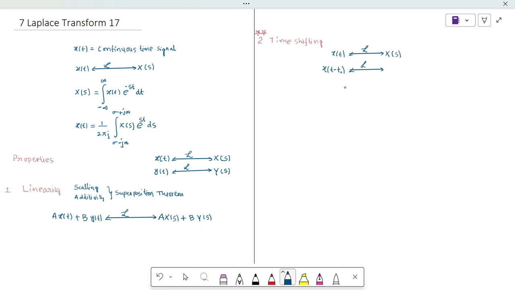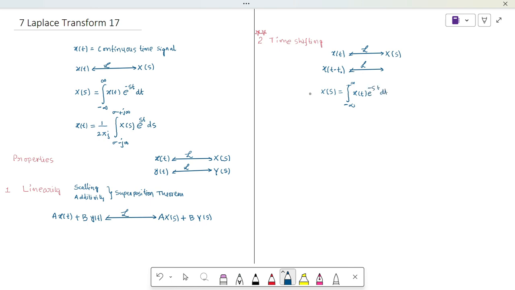To prove it, we can use this formula or the other for any one. For this case, I'm taking the first one, the Laplace transform. So x of s is the integral from minus infinity to plus infinity of x of t into e power minus st into dt.